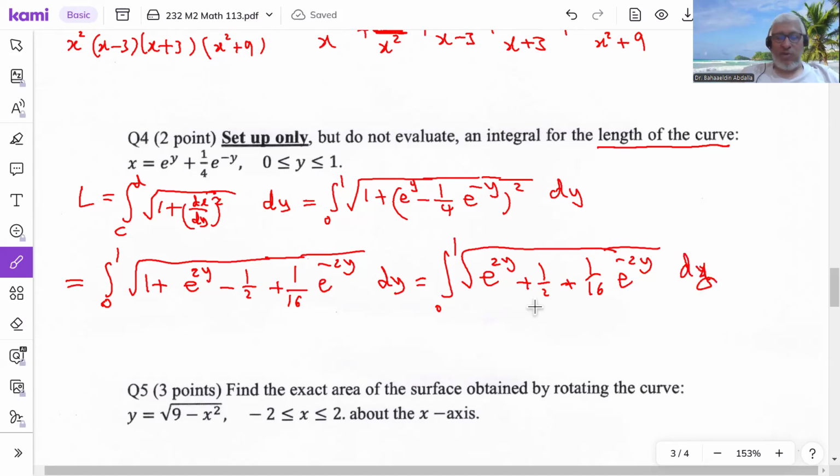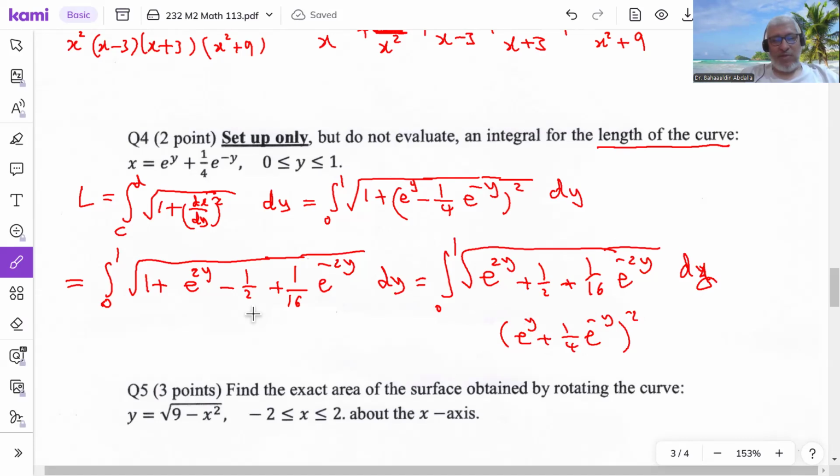If he asks to continue, so this would be the answer. But we can write the three terms in the middle now as (e to the power y plus 1 over 4 e to the power negative y) squared. Because when we expanded this one, we got these three terms.